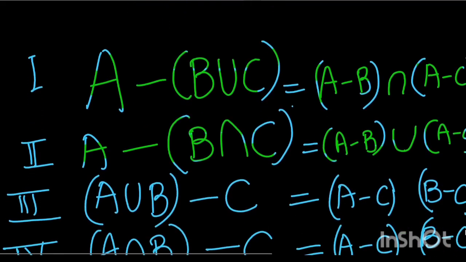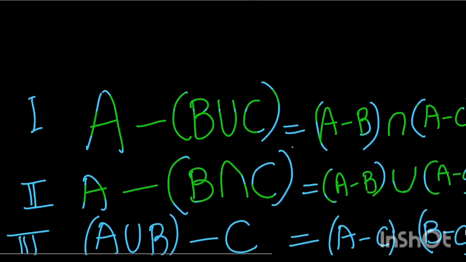Okay, now the third property: (A union B) minus C, guys. So it is (A minus C) ? (B minus C). So what will come here, guys? This would be replaced by what?